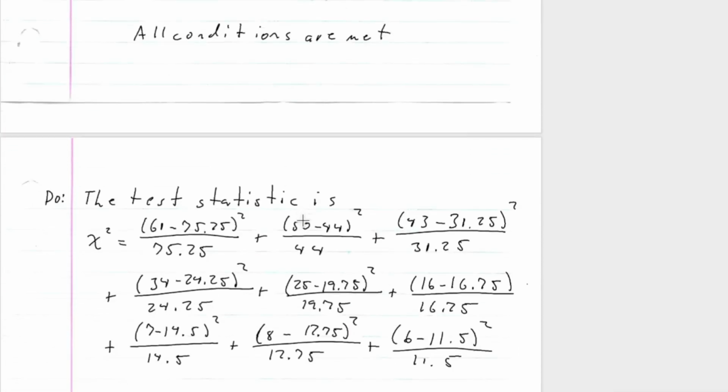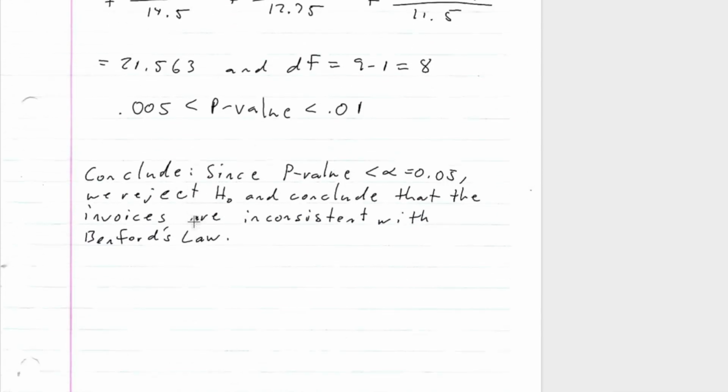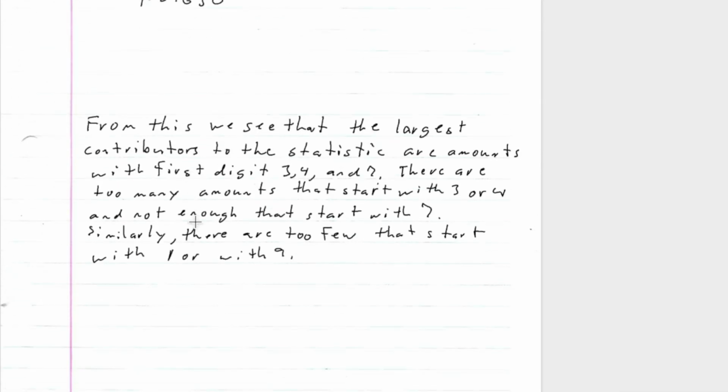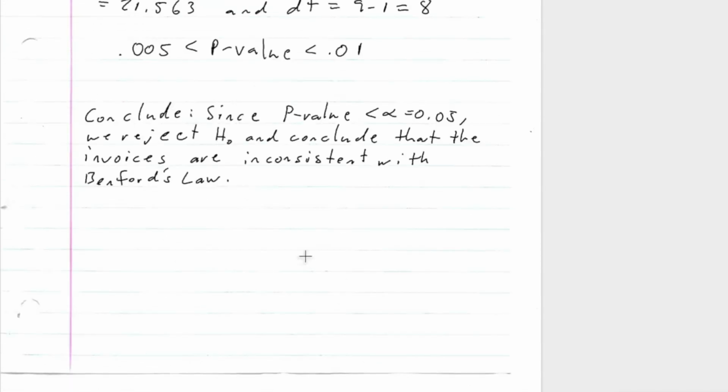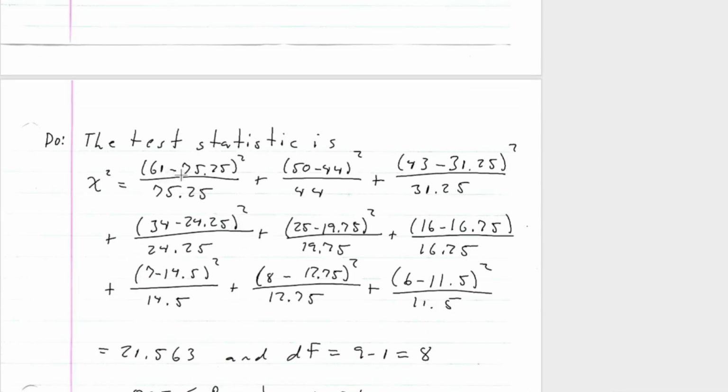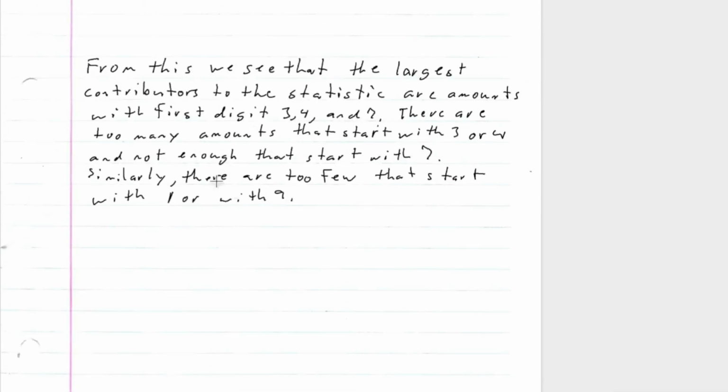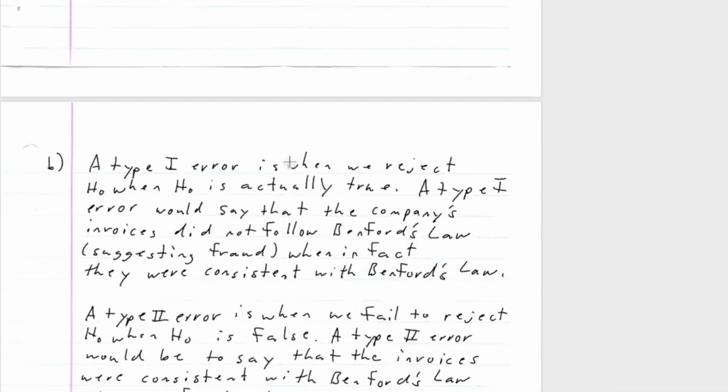So we can see that there were not enough that start with 7. Similarly, there are too few that start with 1 or with 9. With 1, it was 61 minus 75.25. The expected amount was 75.25, but we only got 61. So there were a lot of discrepancies, and it definitely was not following Benford's law.